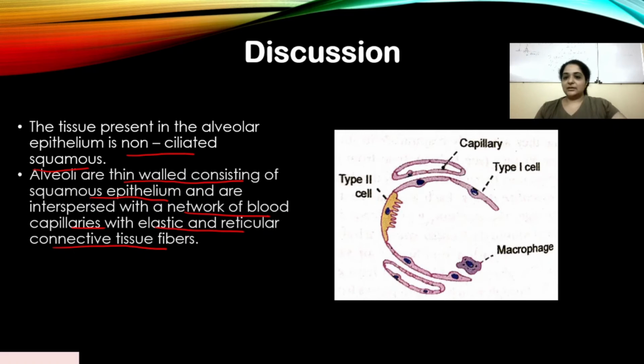If you study the anatomy of the alveoli, it's there in your NCERT. Type 1 cells are squamous epithelium. This is just a representative diagram of what the alveoli look like, and you can see type 1 cells here, squamous epithelium, and they are thin. So it is easy for gas to move in and out like that.